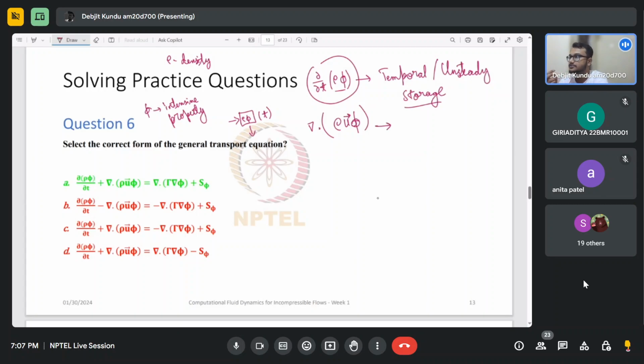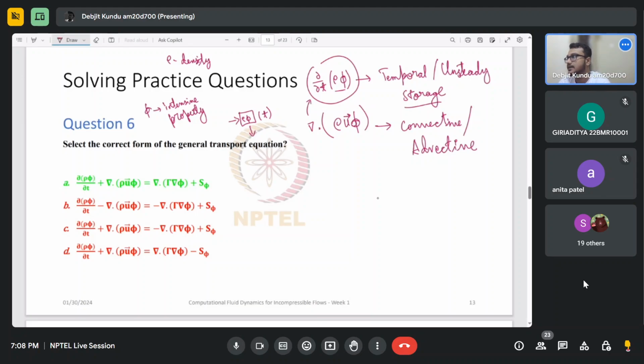So this is known as the convective term, or the advective term. This basically accounts for all the fluxes going in and out. So this can cause a change in this term.